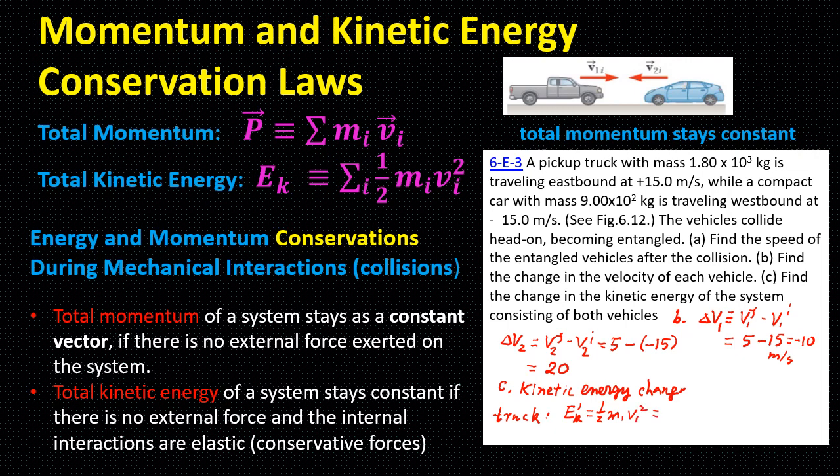I just put in the numbers, half, and let you do the calculation. It's a matter of just pressing the calculator. 10 squared, that's the mass, and V1 squared, 15 squared. This could be a large number, but you simplify it as 2 times 10 to the 5th joule. Okay, a lot of energy in terms of joules.